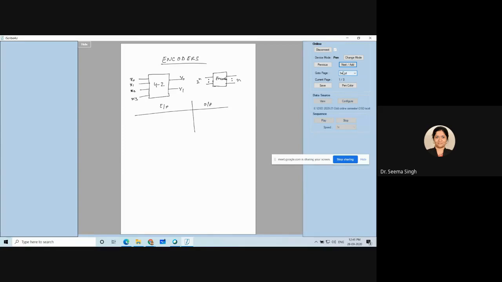Input will have X0, X1, X2, X3, and output will have Y0 and Y1. Okay, and as it is an encoder, how many rows will there be? Tell me. You people already know decoder, so you should be able to tell me.